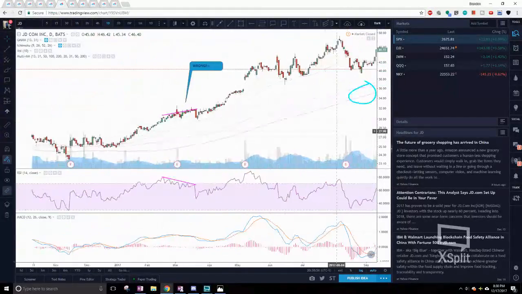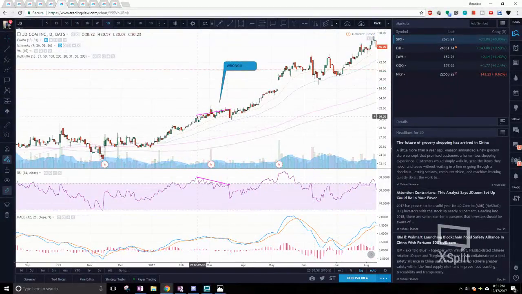Now, if we come over here, this is an example of divergence that I would not take. Sure, we see divergence. We see price action making a higher high. RSI is making a lower low. Why do I say that this is wrong? RSI often makes lower lows when it's making new highs.